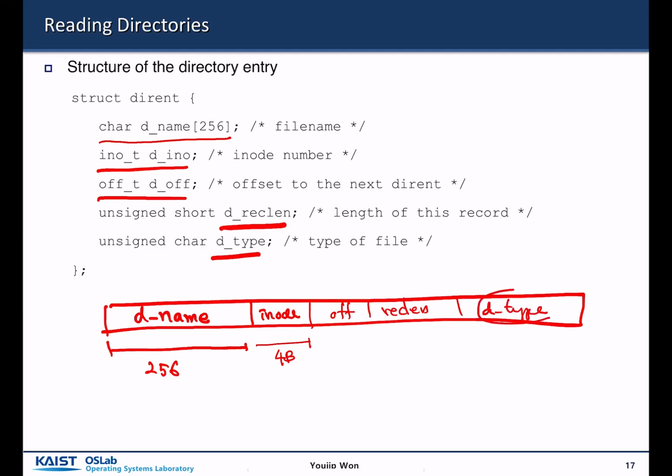The type of file means what kind of entry this is. This is a regular file or symbolic link, something like that.